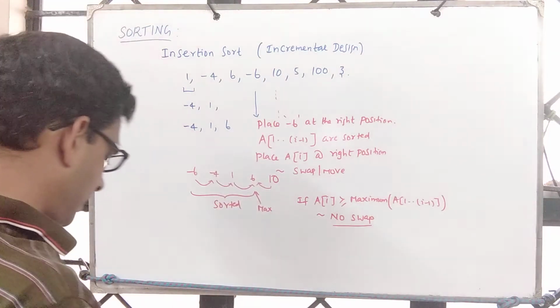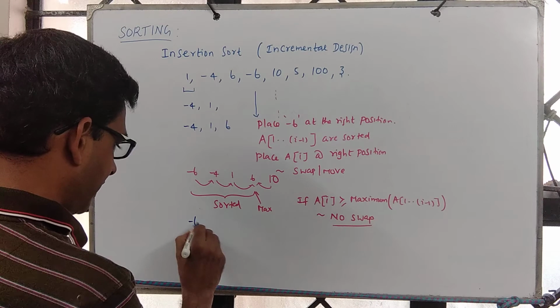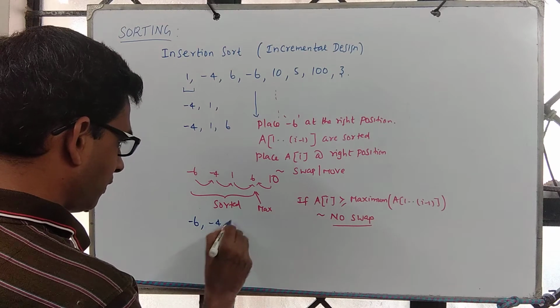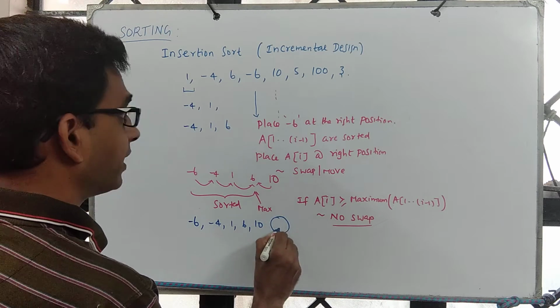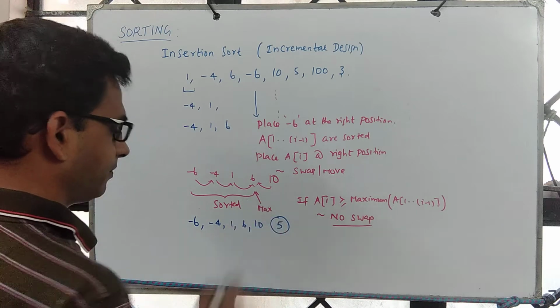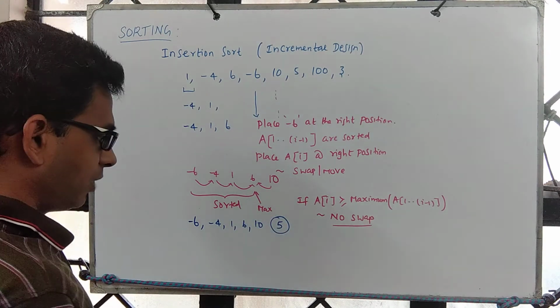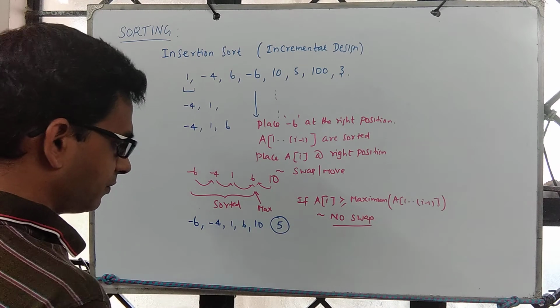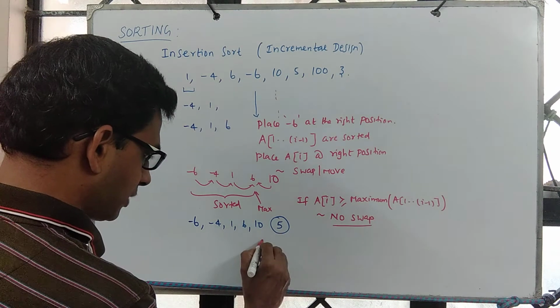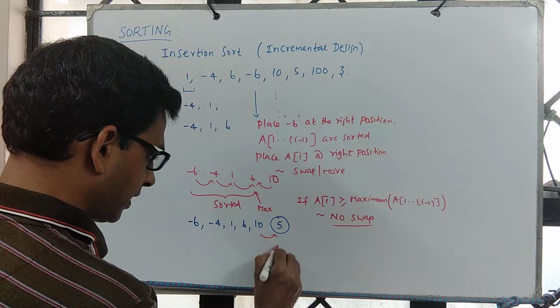Let's bring the next element. So we have minus 6, minus 4, 1, 6, 10, our next element is 5. Now this and this you compare, this is smaller than this, so which means one has to swap and look for correct place.